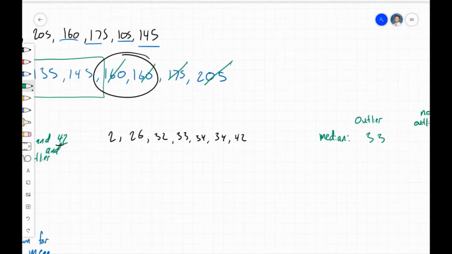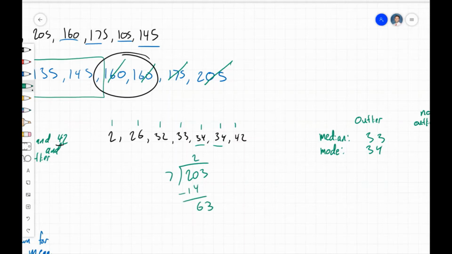Now, our mode, we can see, is 34, because that occurs twice, and the others only happen once. So our mode is 34, and our mean, again, we will add all of these values together, and we have a total of 7 data points. So we will add them all together and divide by 7. So when we add all of these together, we get 203. And 203 divided by 7 is 29. So our mean with the outlier is 29.